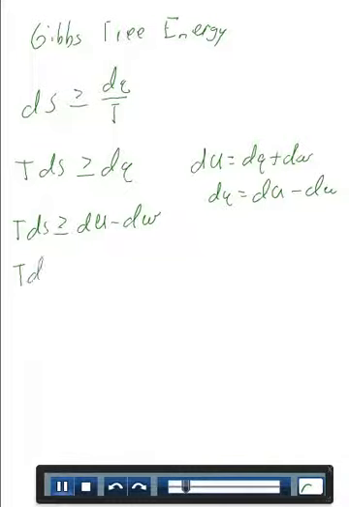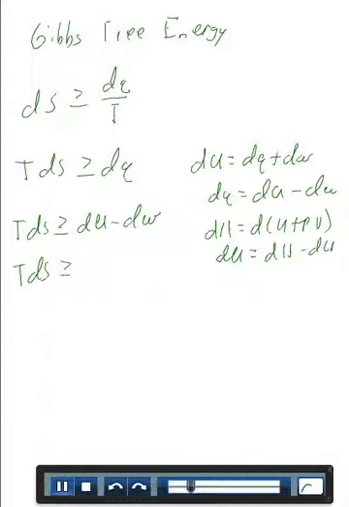And then we'll also represent U through the enthalpy. And so we know that the enthalpy is equal to U plus PV. And so that means dU is equal to dH minus d(PV). So we'll put that in for dU.